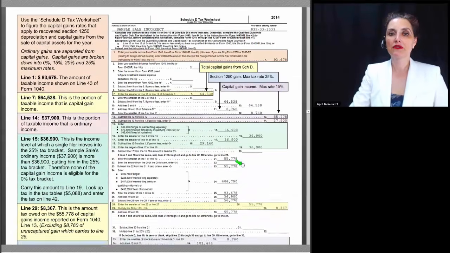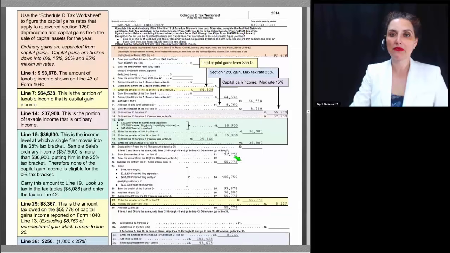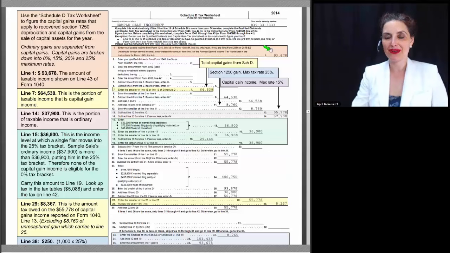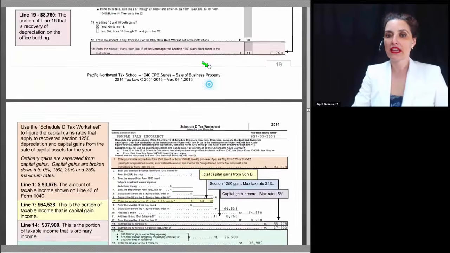Now we go over to the Schedule D worksheet, and the starting point on the Schedule D worksheet is to enter the taxable income for our filer, and this filer has $93,678 of taxable income. I'm just going to throw that at you so you have a number to start with. And then we say, okay, of that income, how much is capital gain income from the Schedule D? Well, $64,538 is the capital gain income.